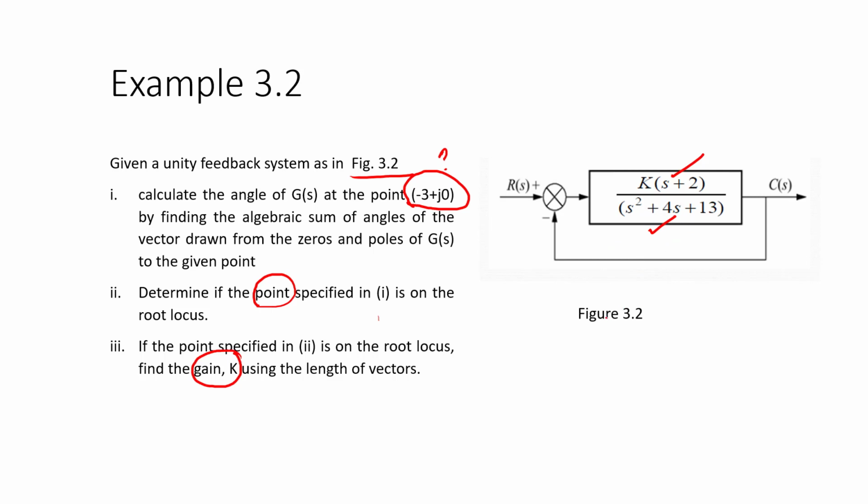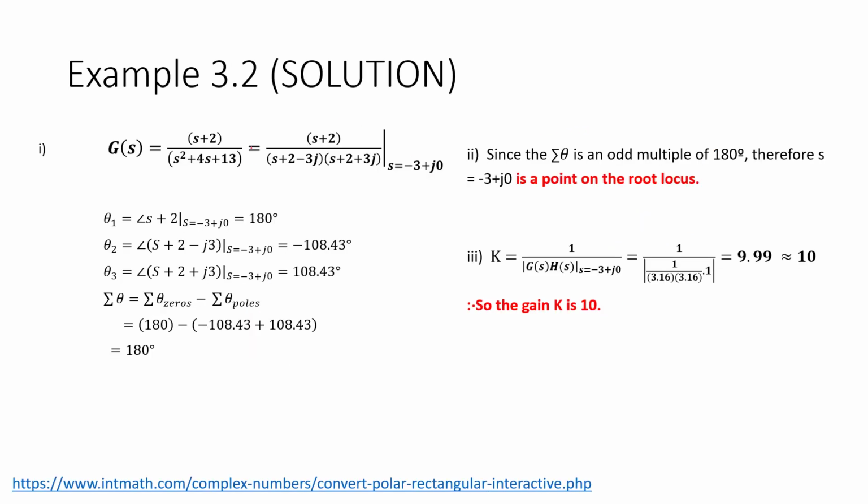So convert the equation into the complex equation, and then we substitute s equal to -3 plus j0. Again we need to find all the angles of the poles and zero.